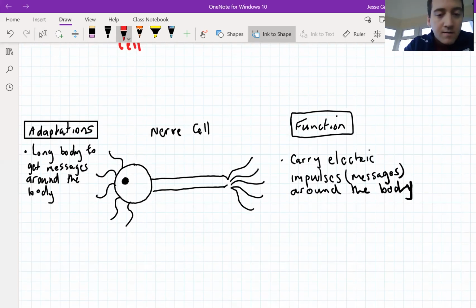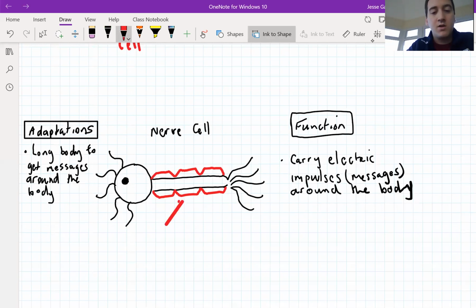We've also got what I'm drawing here in red. This is another special feature that the cell has, and this is what we call insulation. And again, it is a little bit more complicated than this. There is a name for this stuff, but I'm not going to tell you that now because you don't really need to know. But you need to know that it's insulation.